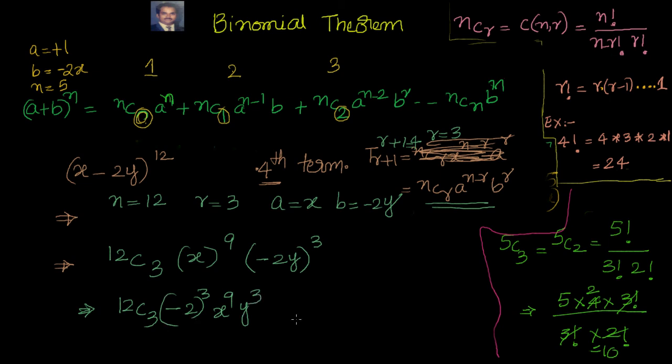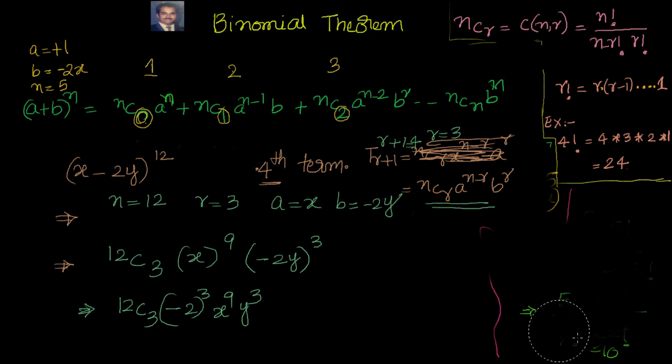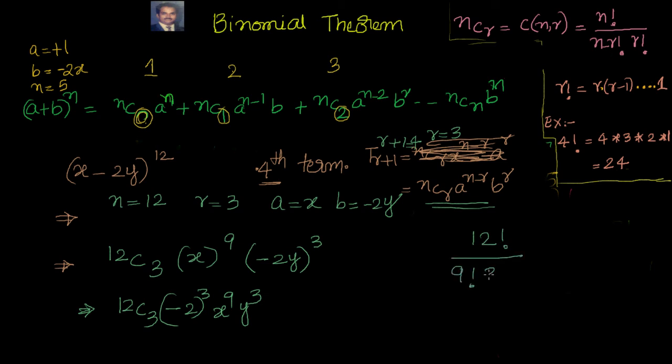Now for this we have to do a little bit of numerical work. We will do it right now. I prefer to just leave it like this, but sometimes you have to do it. It's better you do it. So 12C3 is nothing but 12 factorial over 9 factorial into 3 factorial, and you will agree with me that minus 2 whole cube is minus 8.